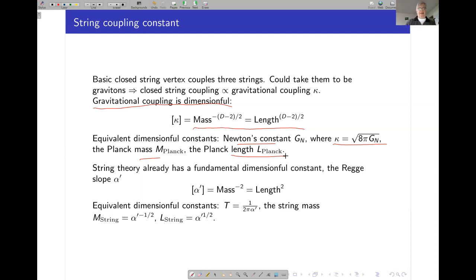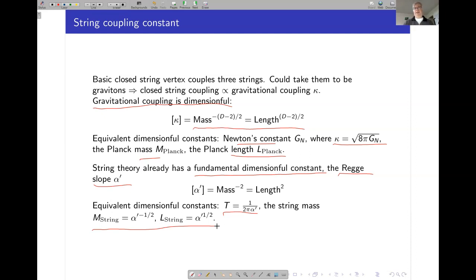But string theory already has a fundamental dimensionful constant, which we either take to be the string tension, which is in front of the world-sheet action, or the so-called Regge slope, which has dimension of an area. And if you like, we can convert this again into a mass or length unit. But now we seem to have two different fundamental mass or length scales, and we wonder what this is going to tell us.